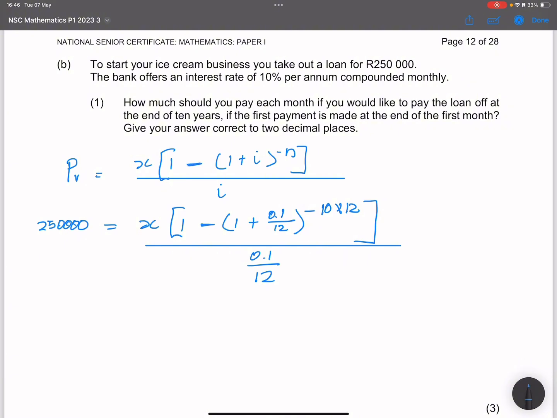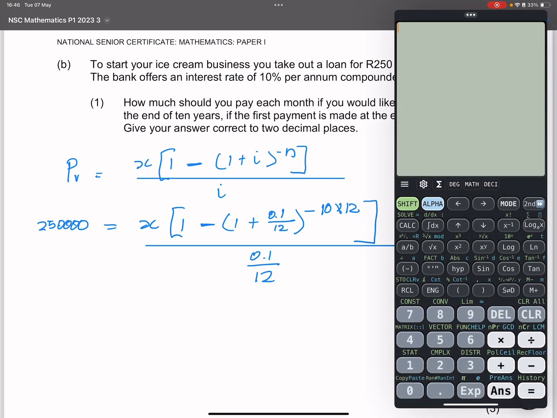Right, so let's try and calculate that quickly. We're going to cross multiply there, and guys, please just remember to divide by that entire thing. So I'm going to say 250,000 multiplied by 0.1 over 12.